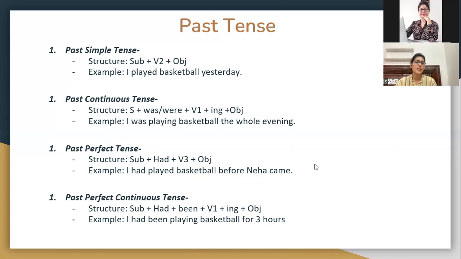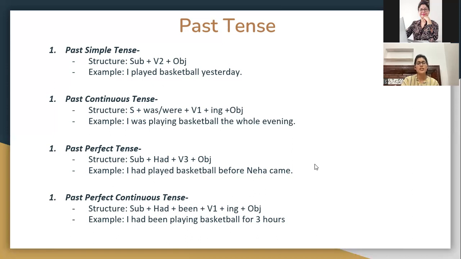And further I explain past continuous tense, which means a work started in the past and continued in the past. So we use past continuous tense.